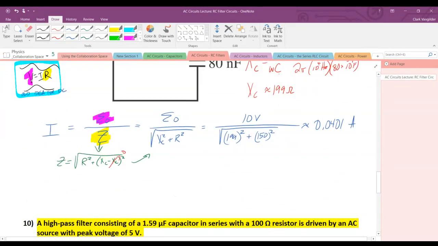So let's get back to black here. So we're going to have VR would equal IR, if you will. And so you would have our 0.0401 amps times 150 ohms, and that is roughly 6 volts.